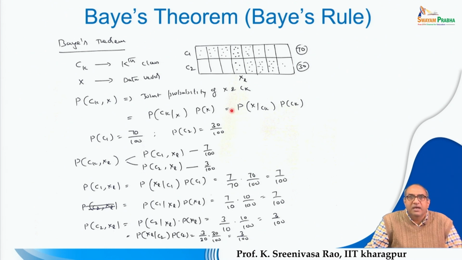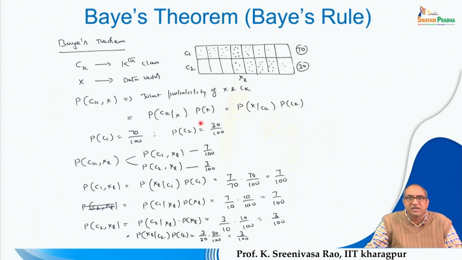Based on probability theory, we know that the joint probability of two variables, here the class label and the feature vector, can be written in terms of conditional probabilities and prior probabilities. This can be derived from the very basic probability class.